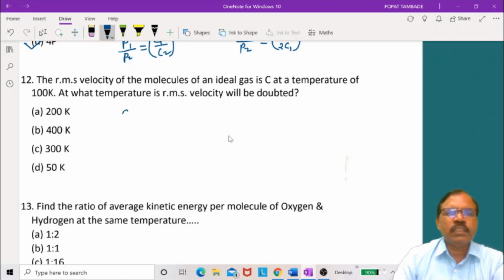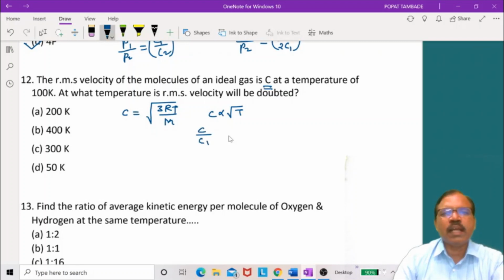Now we know C is equal to root of 3 RT upon M. So we can say C is proportional to root of T. So at temperature 100 degree Kelvin we have velocity C. So C upon C1 I can take as root of T upon root of T1. Now T is equal to 100. And what is C1? We want velocity to be double, so 2C.